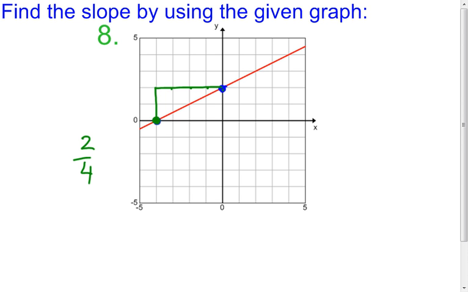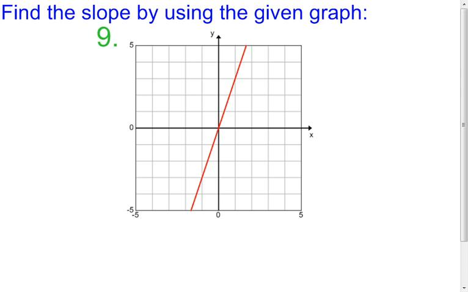So my slope would be 2/4, but of course I want you to reduce that and make that be 1/2. Okay? If you had chosen to go the other way, you would have gone down 2, so that would be -2, and to the left 4, that would be -4. Negative divided by negative would become a positive, and it would still reduce to 1/2.